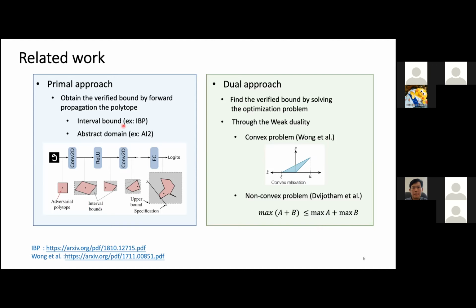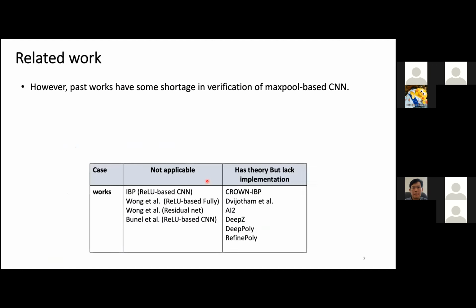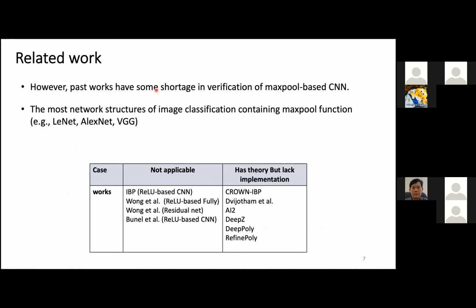However, in recent years, this work mainly focuses on verifying the ReLU-based CNN. So they have some shortage in the verification of the maxpool-based CNN. And why do I emphasize the maxpool function here? Because most network structures of image classification contain the maxpool function, such as LeNet, AlexNet, and VGG.